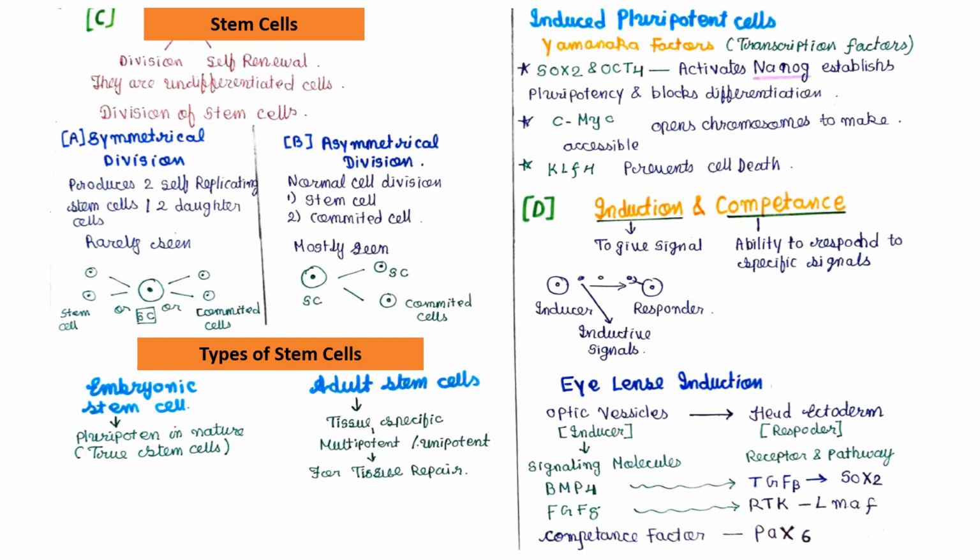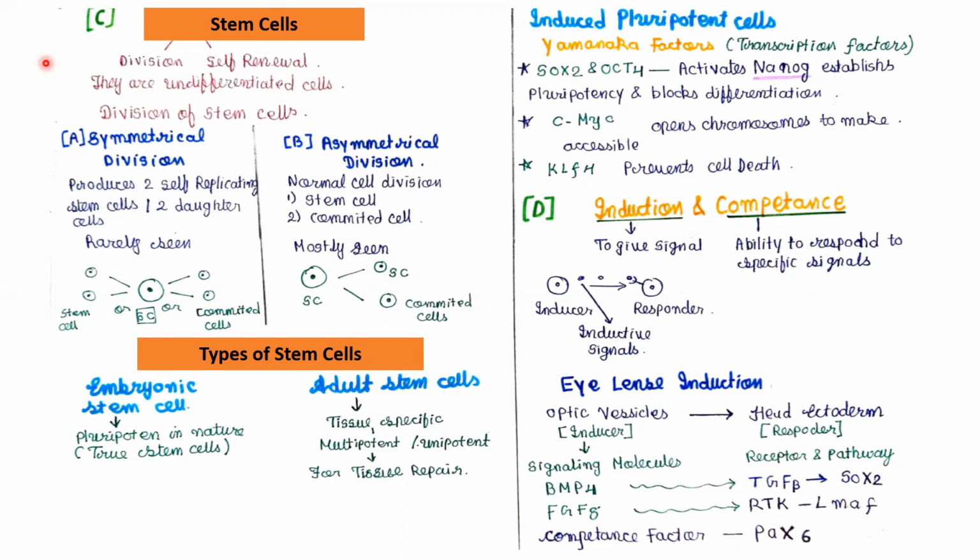Different types of stem cell division are seen, in which there are two types of division: symmetrical division and asymmetrical division. In symmetrical division, when a stem cell divides, it produces two cells of the same type, which means either the stem cell will form two stem cells, or it will form two committed cells.